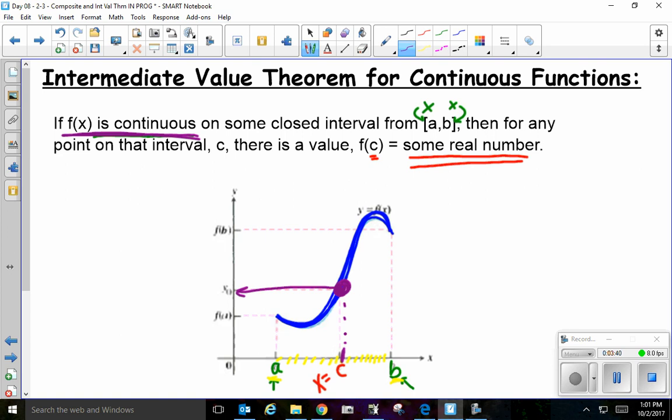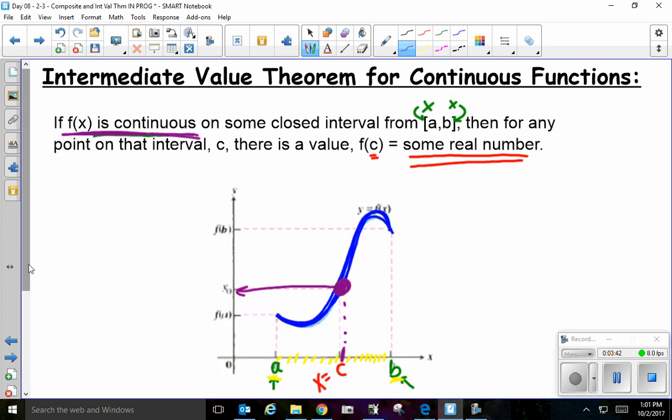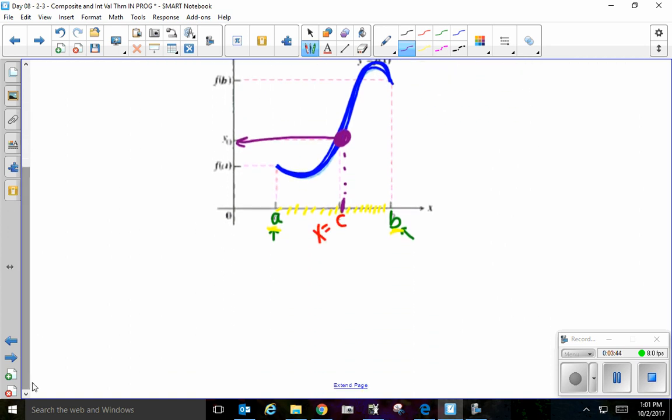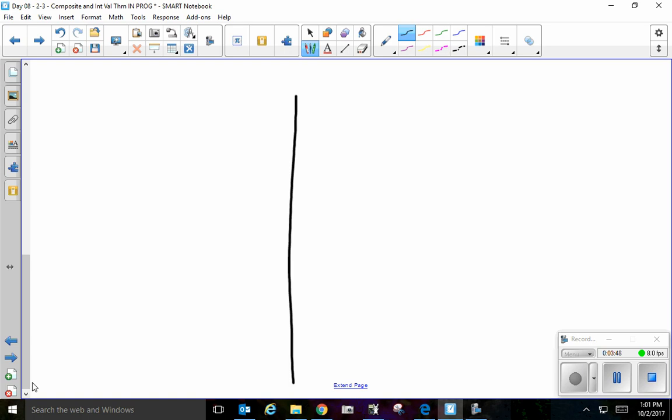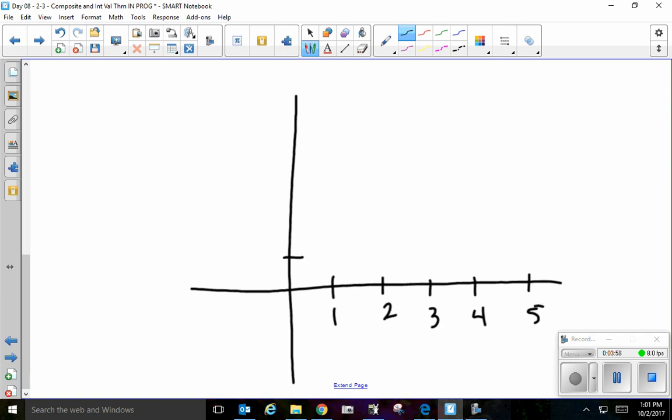Now, let me do it without letters and with numbers, because, hey, that's what we do. If I have a set of axes here, and we'll go 1, 2, 3, 4, 5, 6. That's 1, 2, 3, 4, 5.